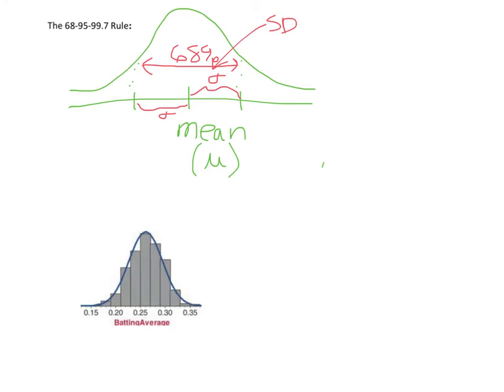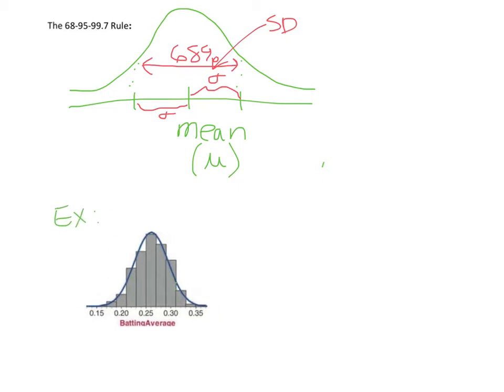So if you look at the example that I just had on the previous page, what this means is that our standard deviation is always going to be around where the curve changes from concave down to concave up. So we can say that this part where I put the green arrow is within one standard deviation of the mean, and that's where about 68% of our values are going to be.